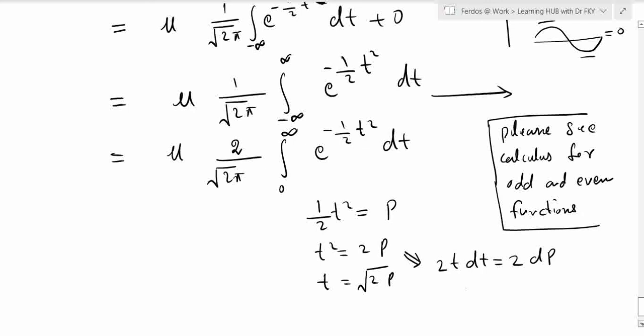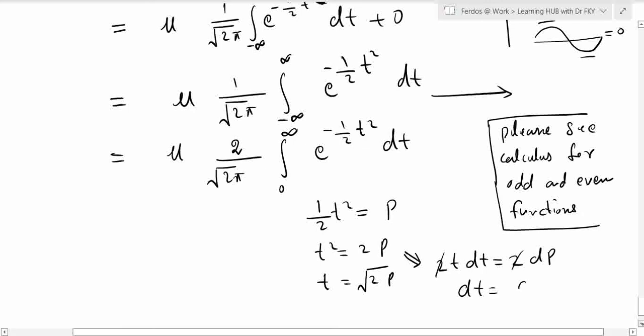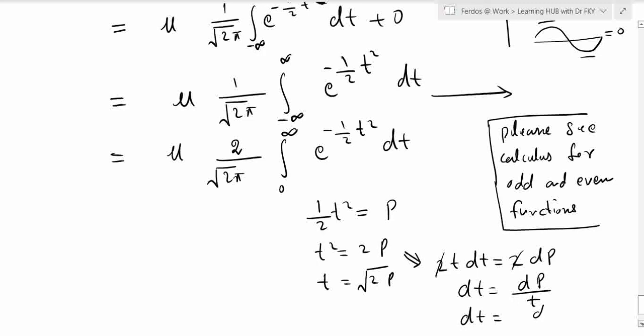This further means dt equals dp divided by t, which is dp divided by the square root of 2p.